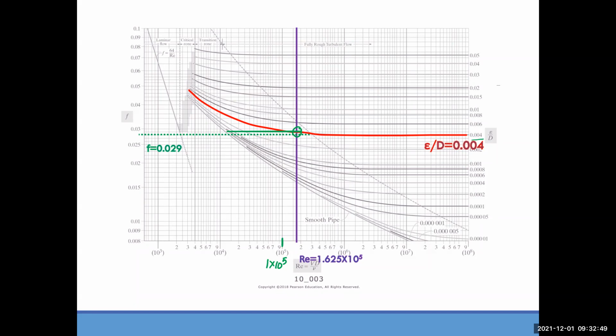Make sure you highlight your Moody diagram with these two lines and everything, so that before the test you know how to do it. Just highlight the line, otherwise before the test it will take so long.